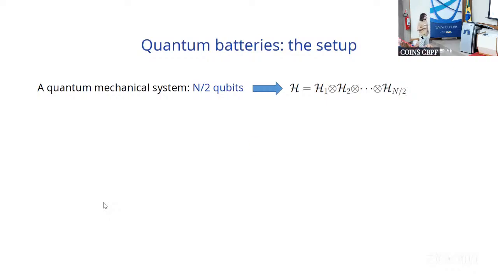So I will focus on a system having n over 2 qubits. It will be clear in a moment why I take this funny 1 over 2. And so the total Hilbert space will be simply the tensor product of all of them, so we'll have a dimension like 2 to the power of n over 2.